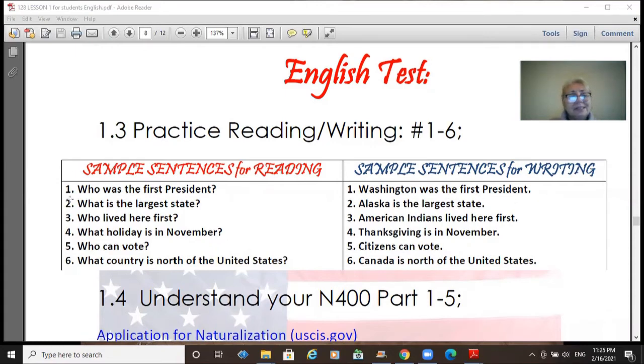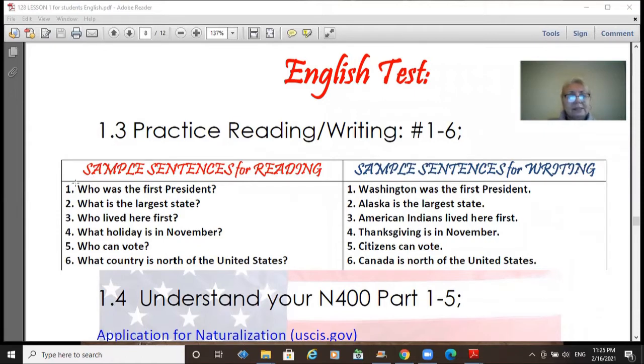I give you sample sentences for reading and sample sentences for writing. I think that the sentence for reading at the interview will always be a question, and the sentence for writing will be the answer to that question.